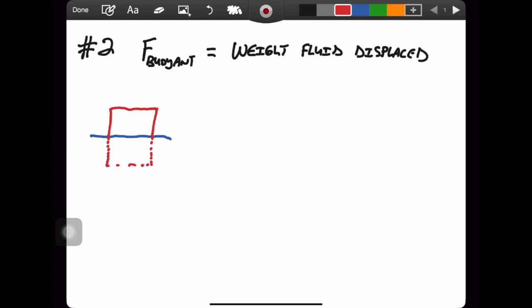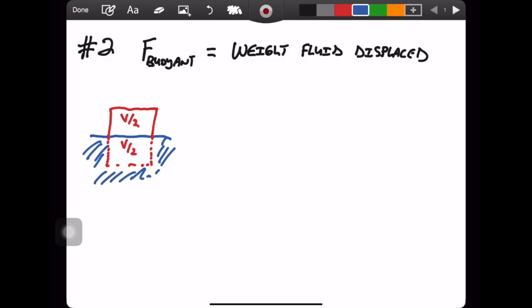For the lower half of this volume, we could say this is V over 2 and this is V over 2. Originally the bottom part that you see with the dotted lines was water as well. So for the volume of that object to submerge into the fluid, fluid had to displace away.